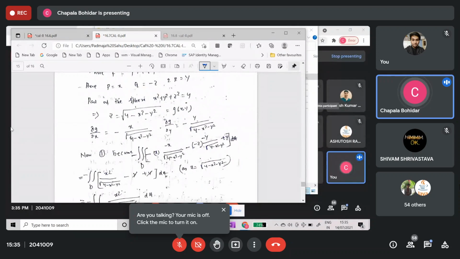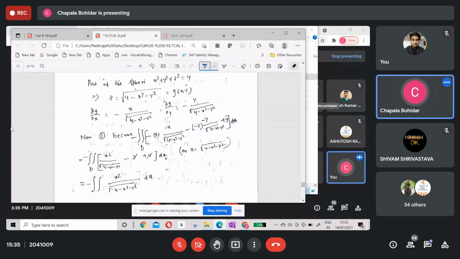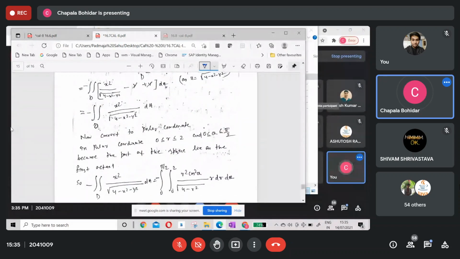So we can convert it to the polar form in this way. In polar coordinates, r lies from 0 to 2 and theta lies from 0 to pi by 2. Oh, it is only on the first octant. The question is given to you only on the first octant, so that's why theta lies from 0 to pi by 2.